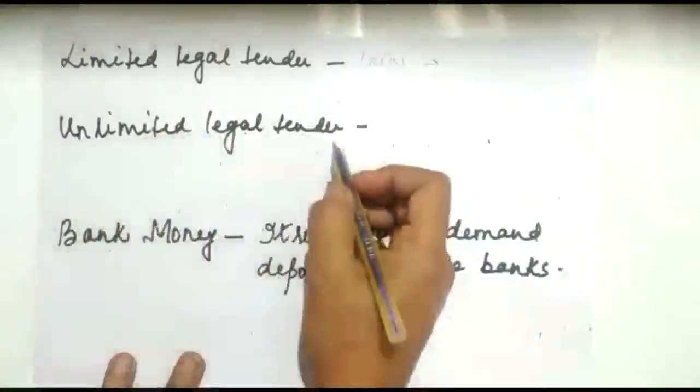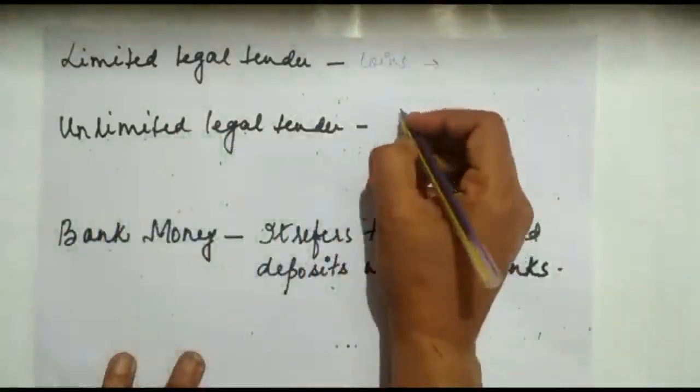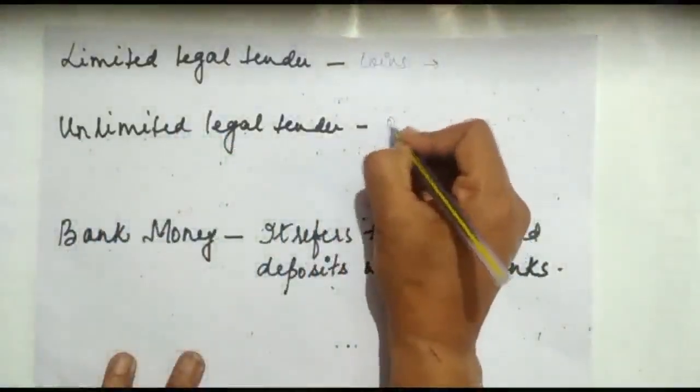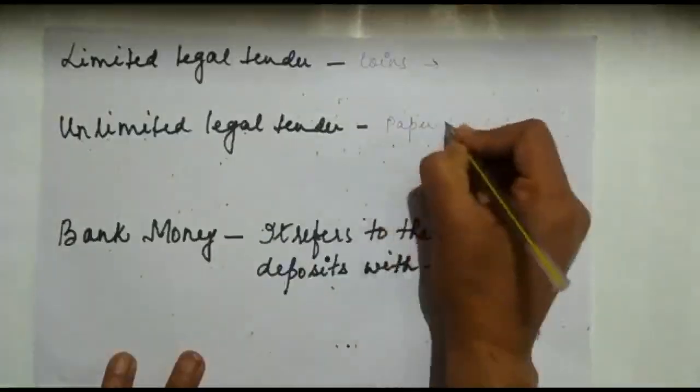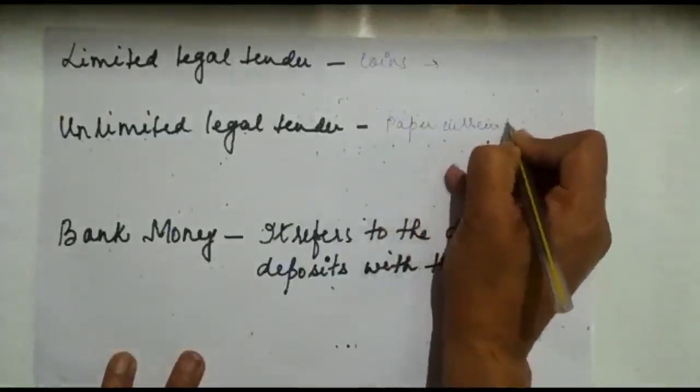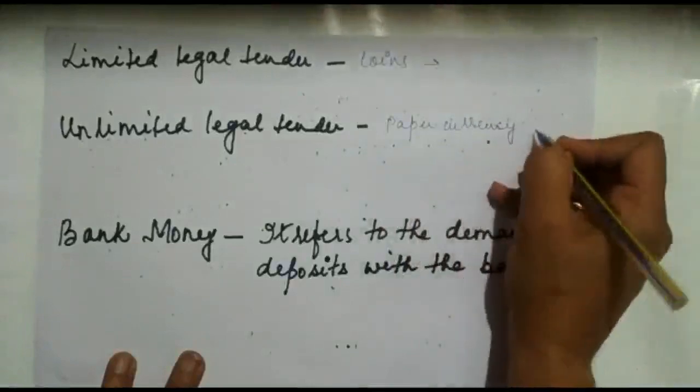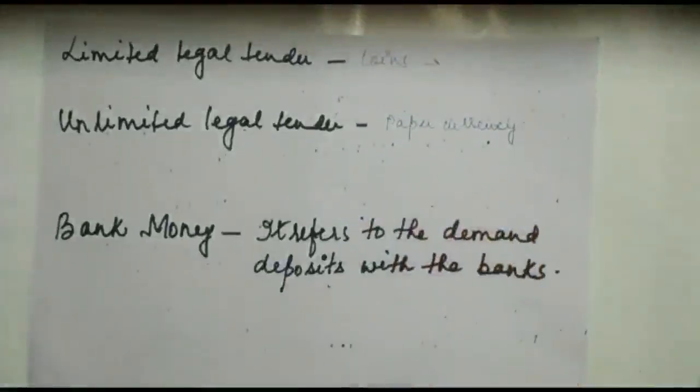And under unlimited legal tender, all the notes will come, the paper currency, because the payment of an unlimited amount can be made with the paper currency.